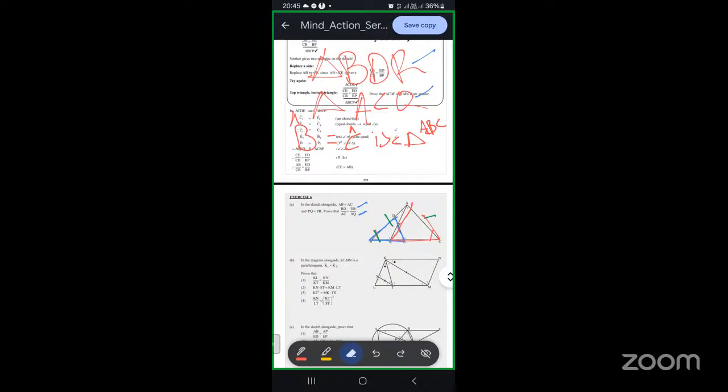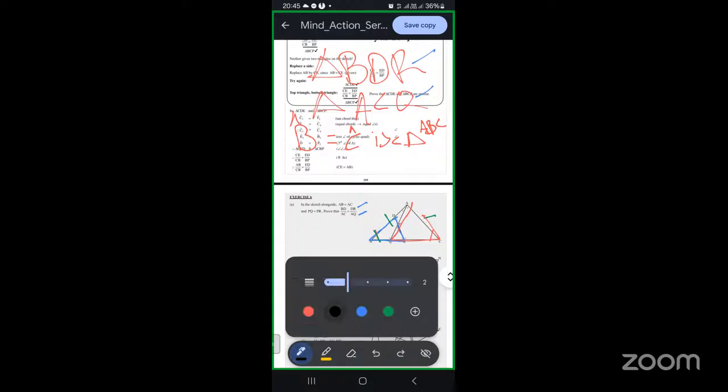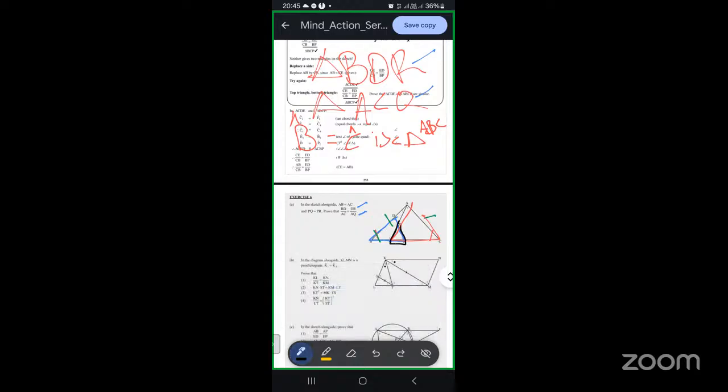All right. Then now let's go to this triangle PQR here. We said this side is equal to that side, and that implied that these angles are equal.